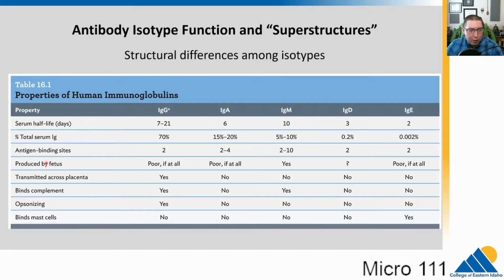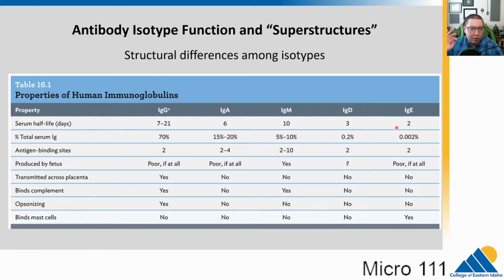But you will notice that pretty much all of these are not produced by the fetus except for IgM. So the mother actually transmits these IgGs across the placenta to help give developing fetuses some immune protection. The other ones, IgA and IgM, are the large 2 other groups.